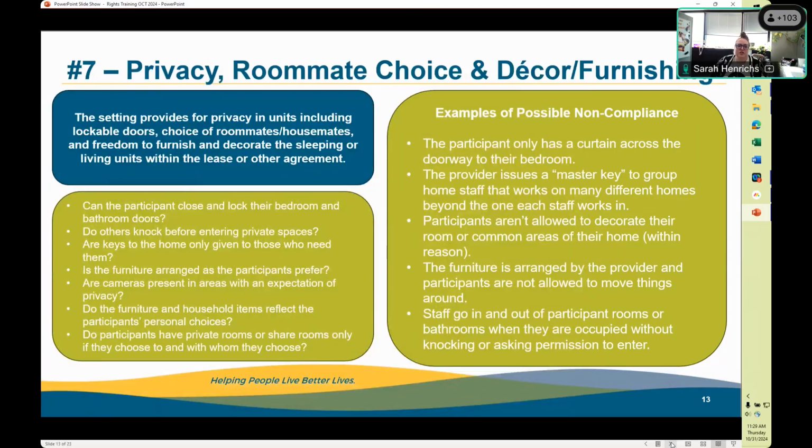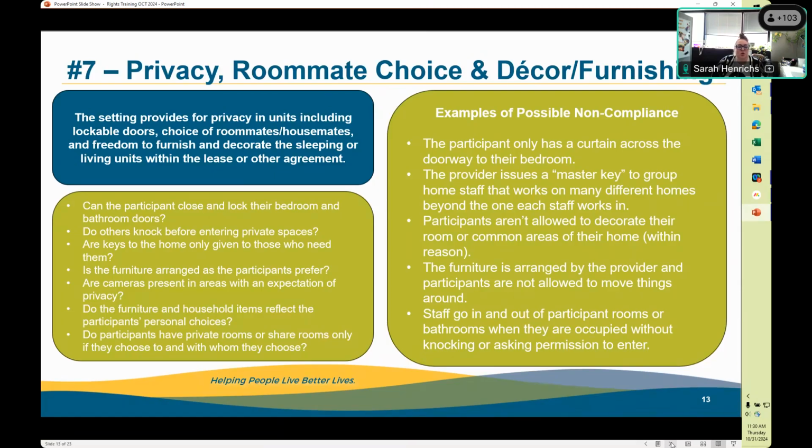Privacy, roommate choice, and decor and furnishings. The setting provides for privacy in units, including lockable doors, choice of roommates and housemates, and freedom to furnish and decorate the sleeping or living units within the lease or other agreement. So, can the participant close and lock their bedroom and bathroom doors? Do other people knock before entering private spaces? If a participant is relaxing in their room, do staff knock and not just barge right in?